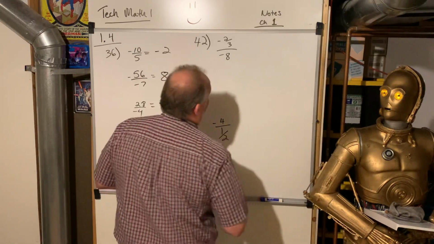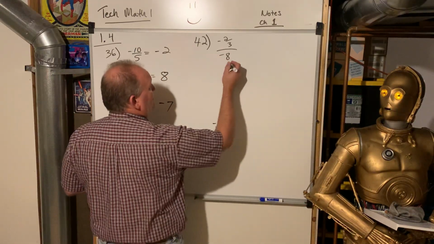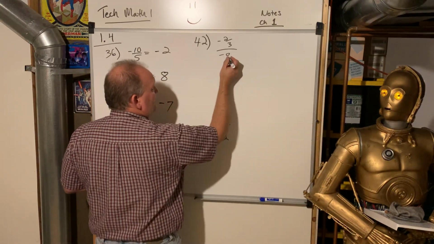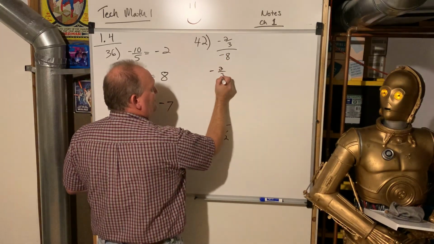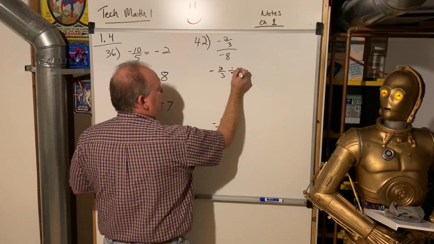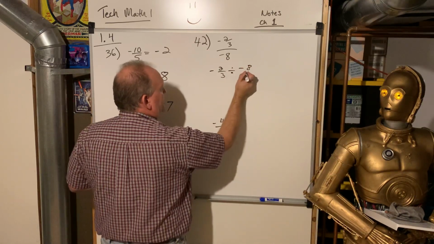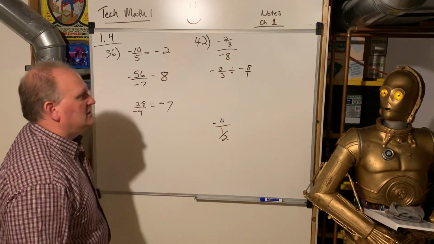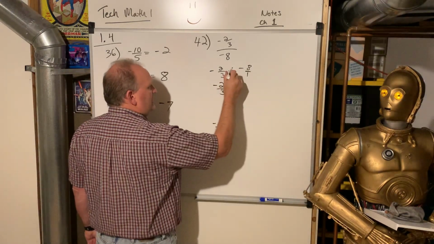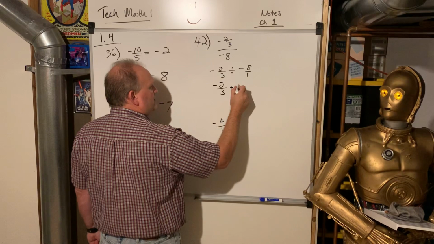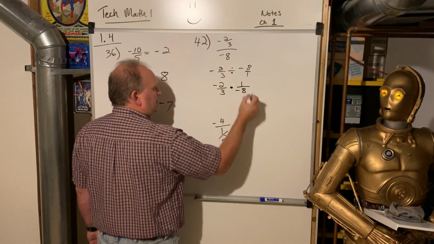Now here, it's a little tougher. When I'm dividing fractions, that's a fraction over a fraction. This is how physics people write it all the time. Let's write it like a math person here, divided by negative 8, and we'll call it negative 8 over 1, so it looks like a fraction. Now we have negative 2/3, and we never divide fractions, we multiply by the reciprocal.